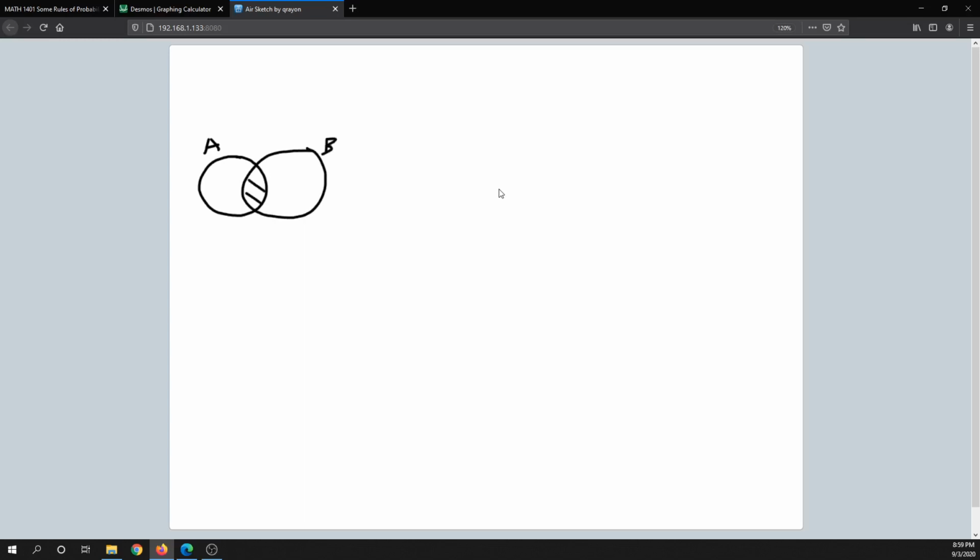This part in here, if you take the area of A, the area of this region right here, and then the area of this region right here, and add them together, what you've done essentially is count this overlapping part here twice, right? Once in the area of A and once in the area of B. So what you would have to do is to subtract out, right, the area of this little intersection one time. So you're only counting it once.